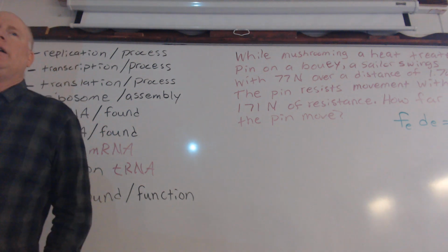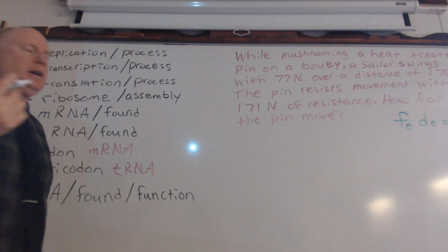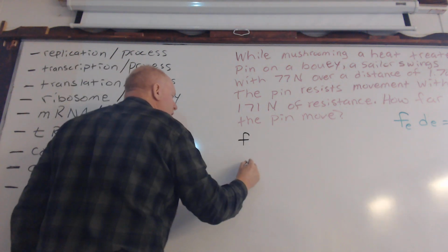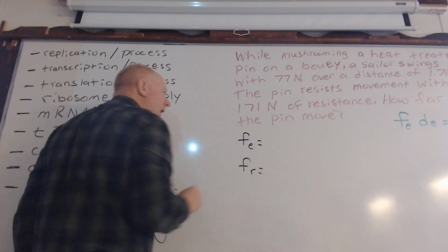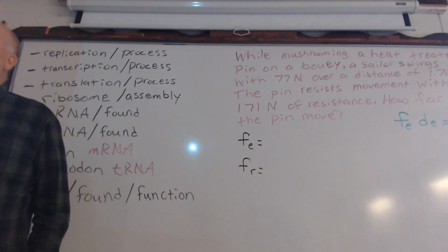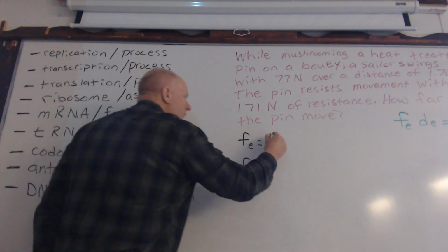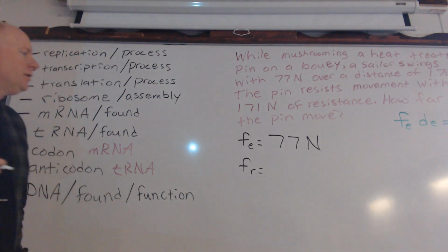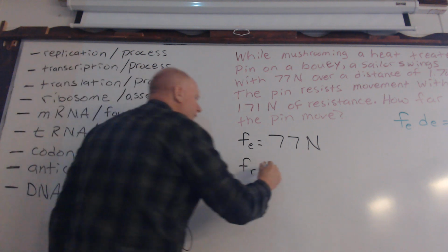Okay, now, the best thing that you can do is write down what? Okay, so we know that we've got two forces. Okay. Now, you correctly identified the first one. 77 is which one? Okay? So then the resistance force is what? 171.